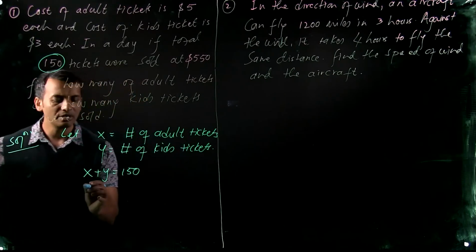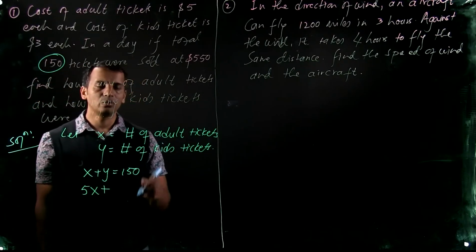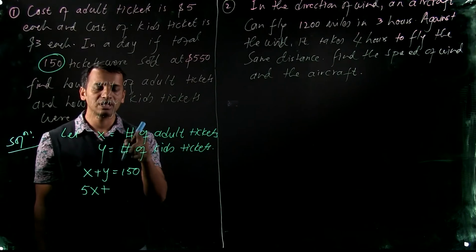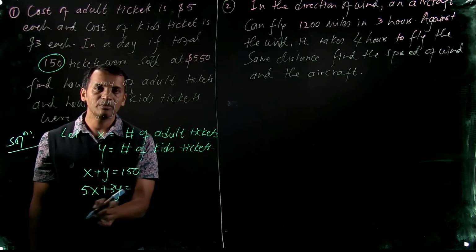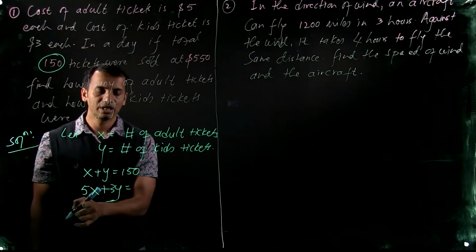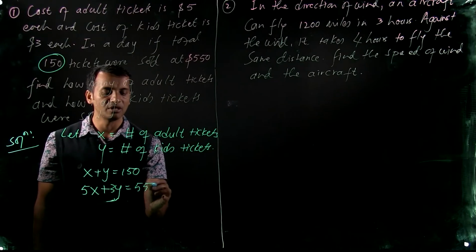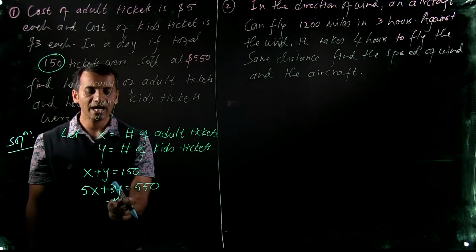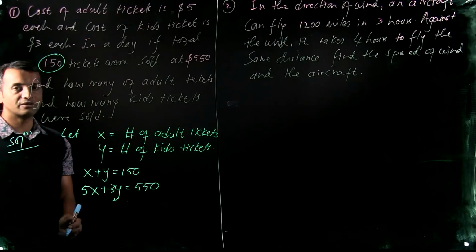So the total money you make will be 5x. Similarly, for the kids ticket, one ticket costs $3, and you sell y kids tickets, so that will be 3y. That is the total money you made from the tickets, and the question gave us the total money as $550, right? So when you add the money from the adult tickets and the kids tickets, you get $550.